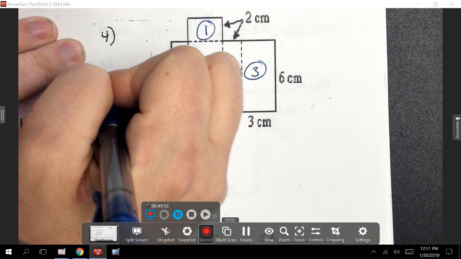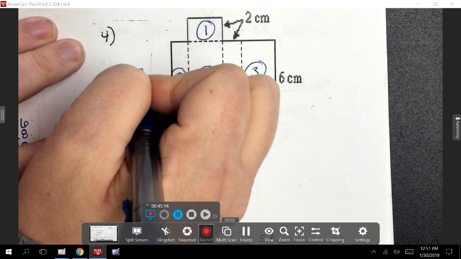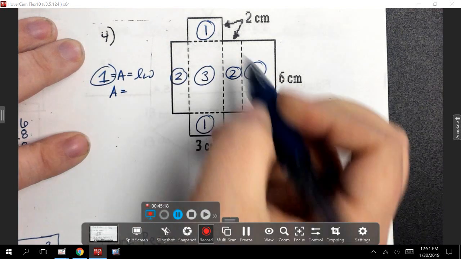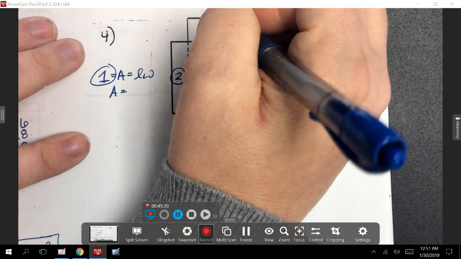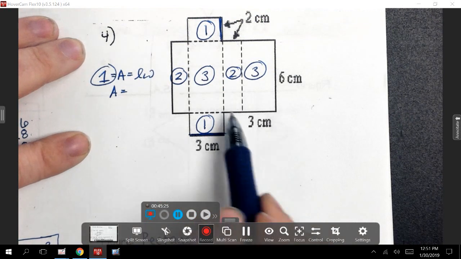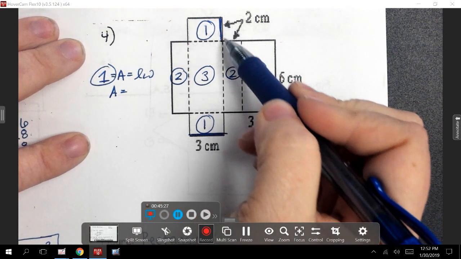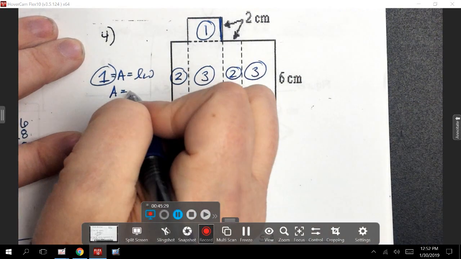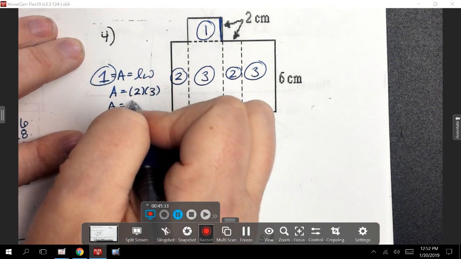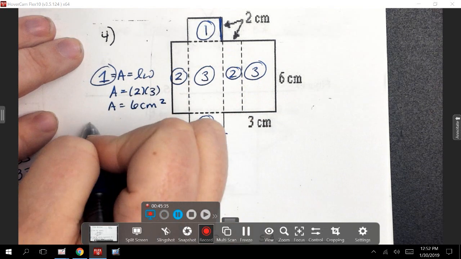Starting with shape 1, I have area equals length times width. I know I have the 2 here going up and down, and then it shows down on the bottom the 3 going straight across. So when I put those together, that gives my length up and down and my width side to side. So I have 2 times 3. So area is 6 centimeters squared.